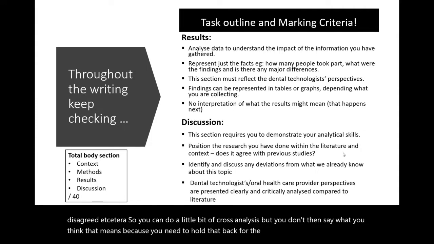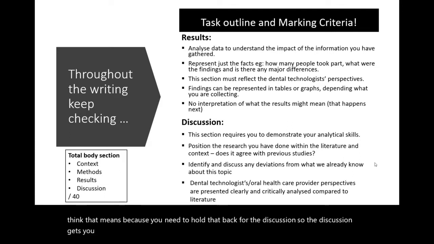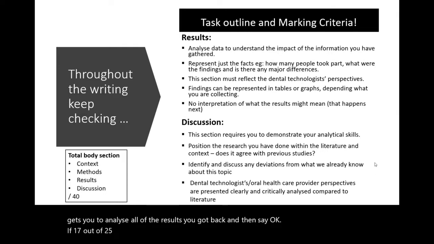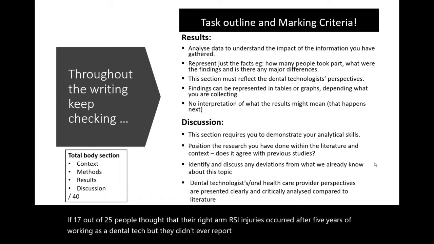So the discussion gets you to analyze all of the results you got back and then say, okay, if 17 out of 25 people thought that their right arm RSI injuries occurred after 5 years of working as a dental tech, but they didn't ever report it, what do you think that means?